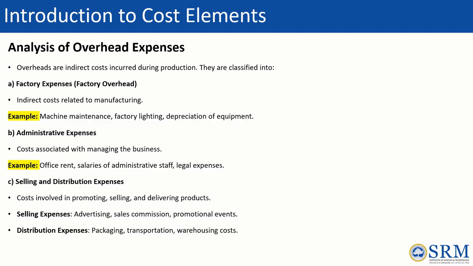So these are costs associated with general business management, including administrative staff salaries, office rent and corporate legal expenses. Then selling and distribution expenses. These focus on the market pipeline. Selling expenses cover advertising, sales commissions and promotions, while distribution expenses manage physical logistics like product packaging, warehousing and transport.